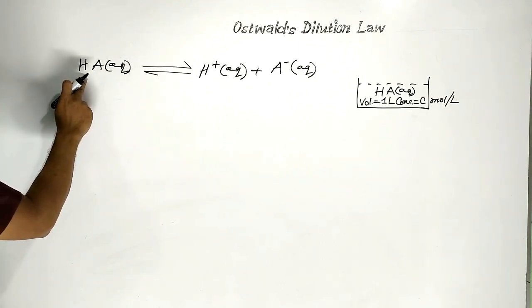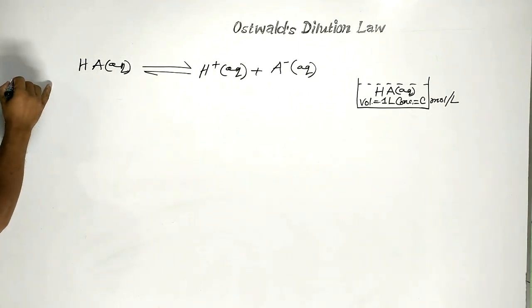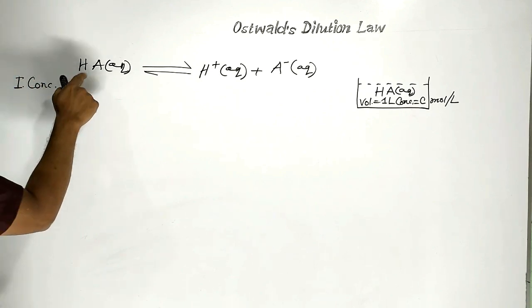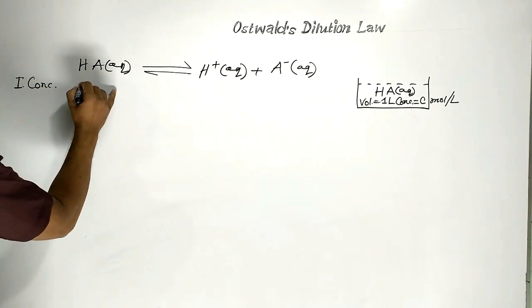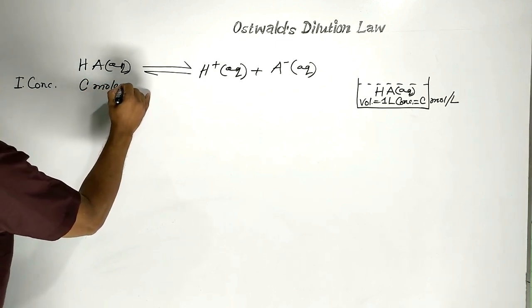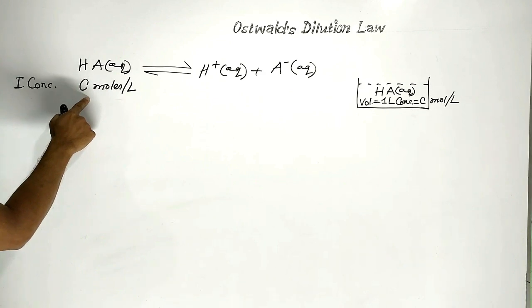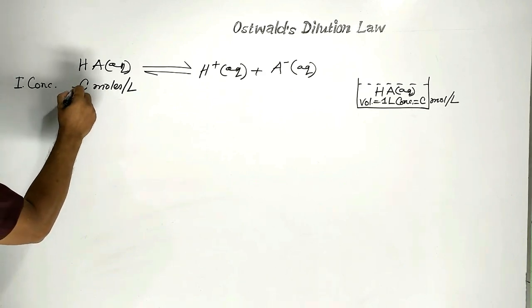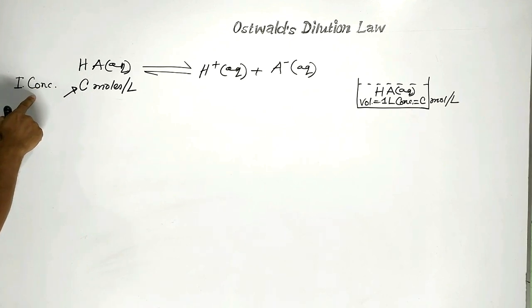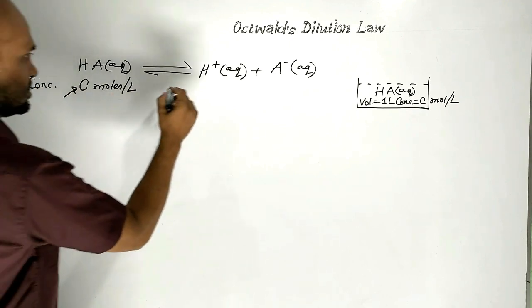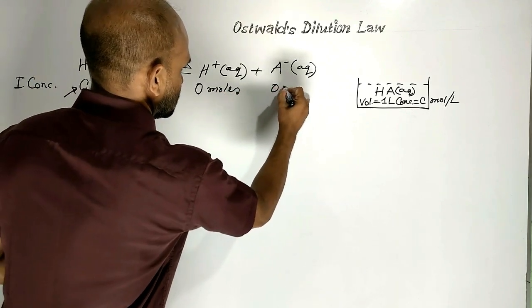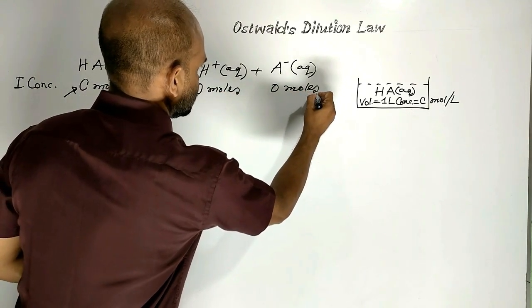Here weak acid HA, initial concentration of HA is C moles per liter. This is initial concentration of HA when time is 0, and this is 0 moles when time is 0.